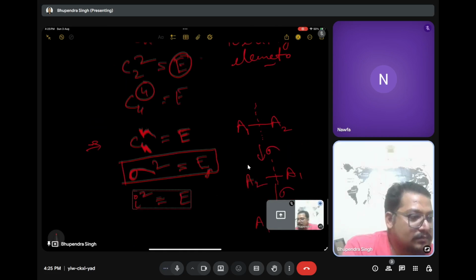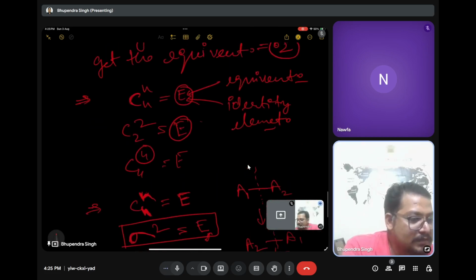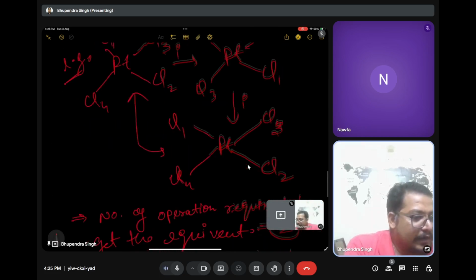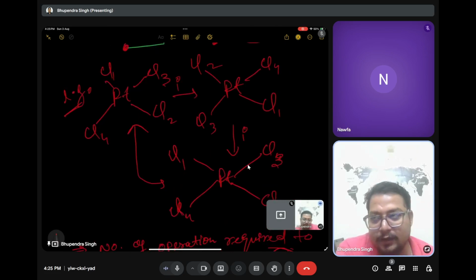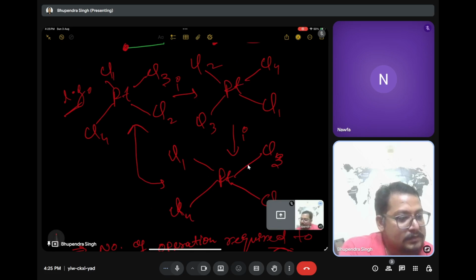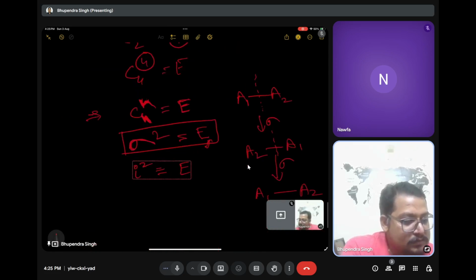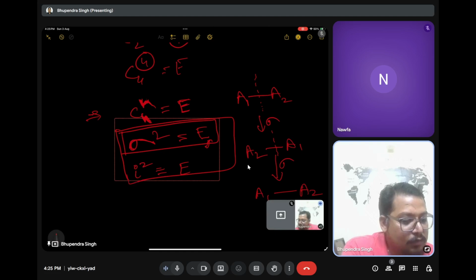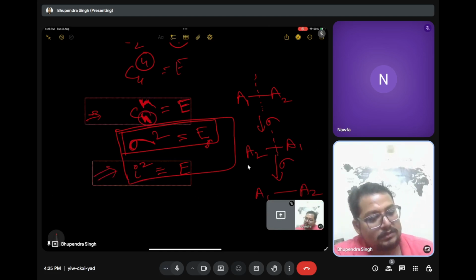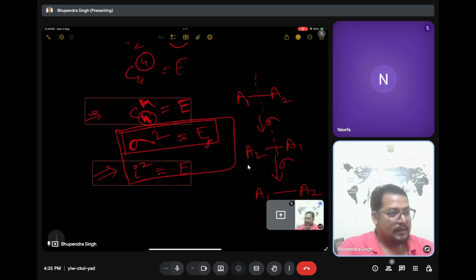This is not exactly similar, but kind of similar to plane of symmetry. We always require 2 operations, and this is also always fixed. For these 2 cases, you require 2 operations. And here, the principal axis of rotation will tell you the number of operations required to reach the equivalent structure.